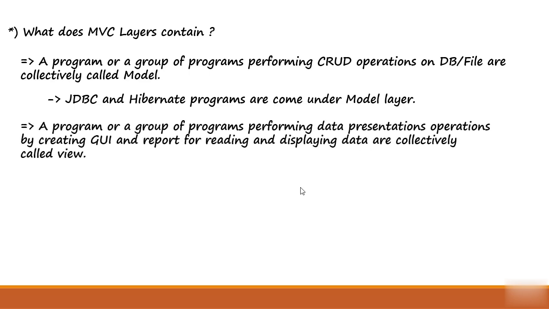A program or a group of programs performing data presentation operations by creating GUI and reports for reading and displaying data in a browser are collectively called the view layer. View layer is nothing but the UI, the front end. Whatever data is displayed in the browser, or whatever web application you see in the browser, comes under the view layer.